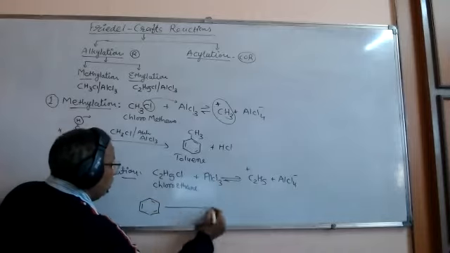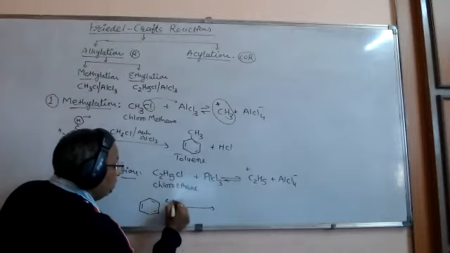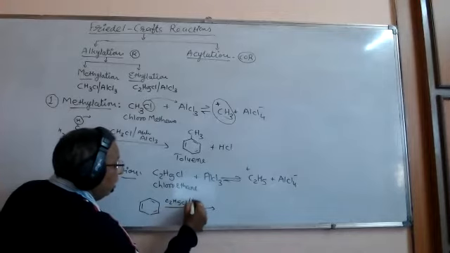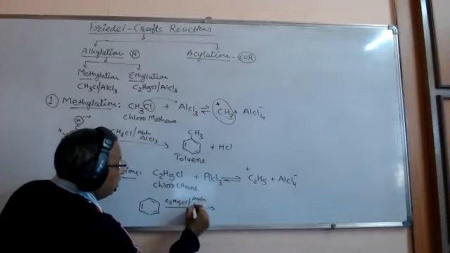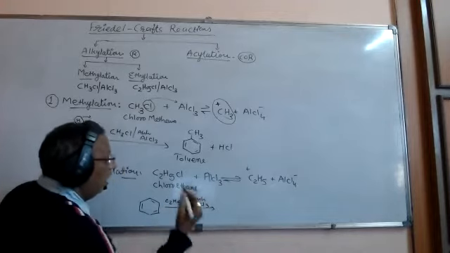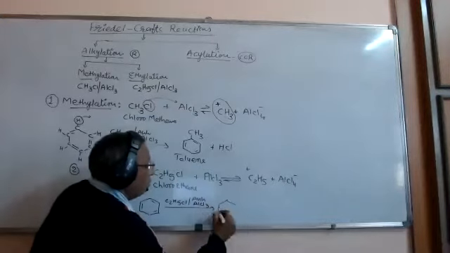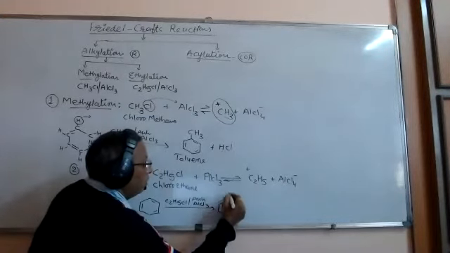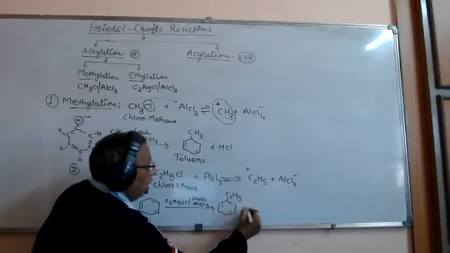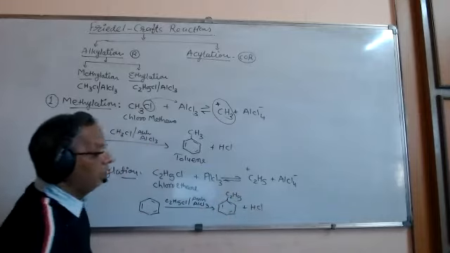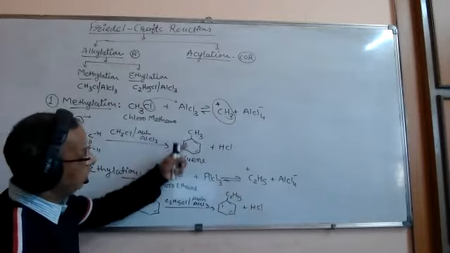The reaction is C2H5Cl, anhydrous AlCl3, and this C2H5 will join with benzene and hydrochloric acid will be removed. Same reactions are there.